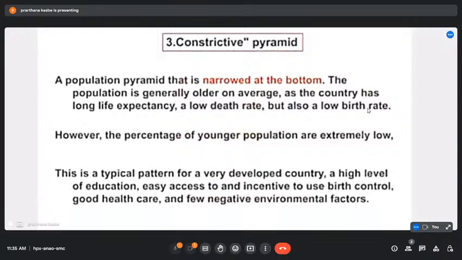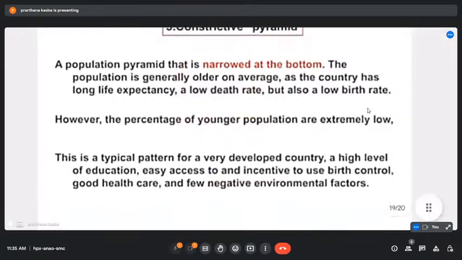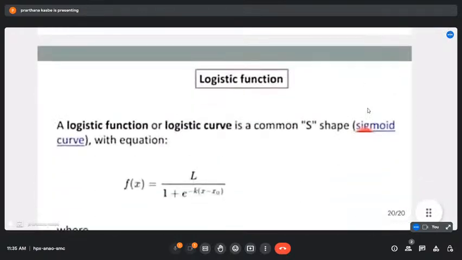This is the typical pattern for a very developed country. A high level of education, easy access to and incentive to use birth control, good health care, and few negative environmental factors. For that, both the birth rate and death rate are low.